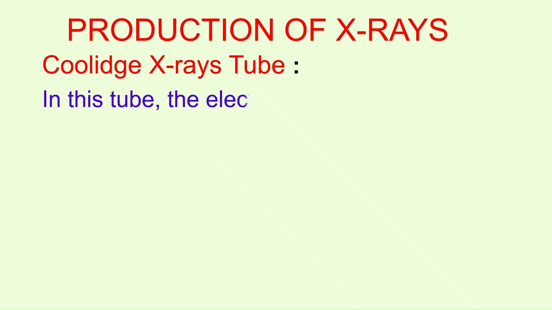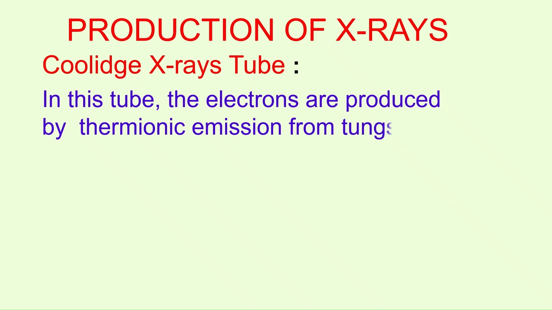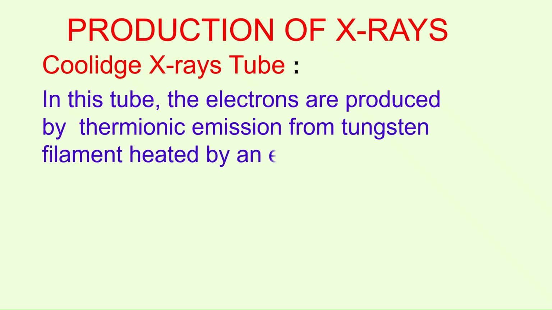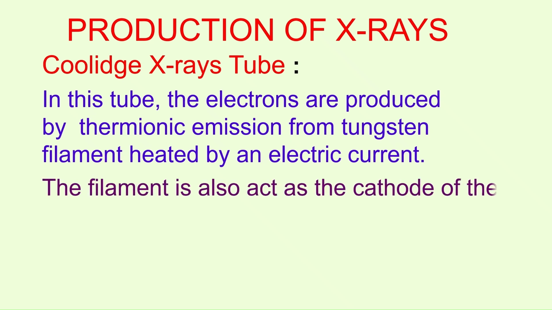In this tube, the electrons are produced by thermionic emission from a tungsten filament, heated by an electric current. The filament also acts as the cathode of the tube.